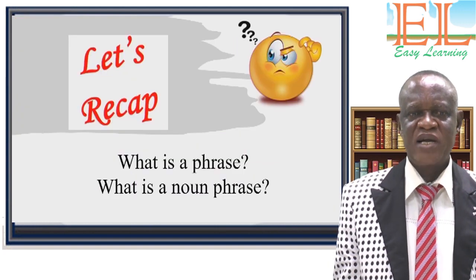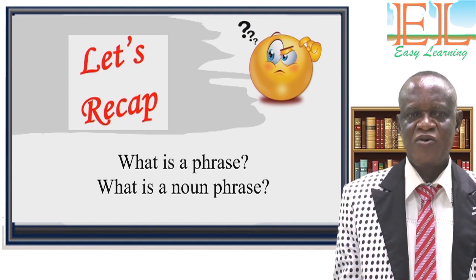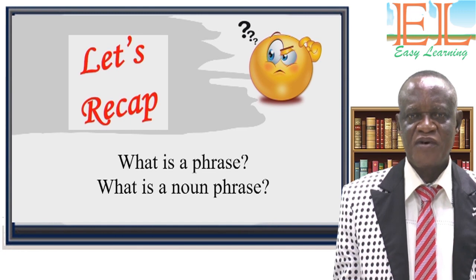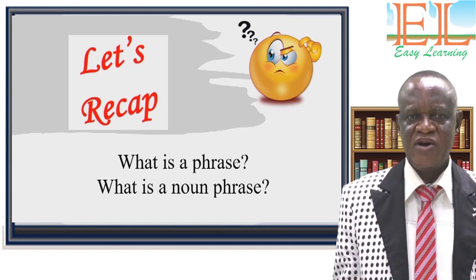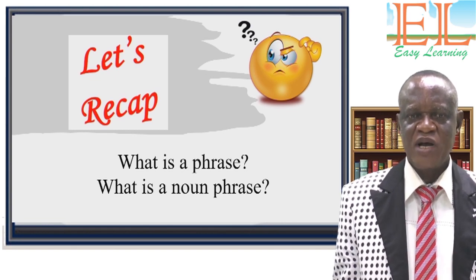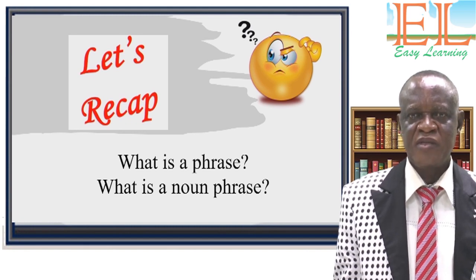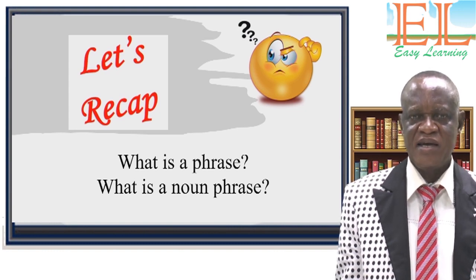Now, recap what a phrase is and what a noun phrase is. You have a few seconds to do that. You remember, we learned that a phrase is a group of words that does not contain a subject and a verb. And we also said that the noun phrase is a group of words headed by a noun.